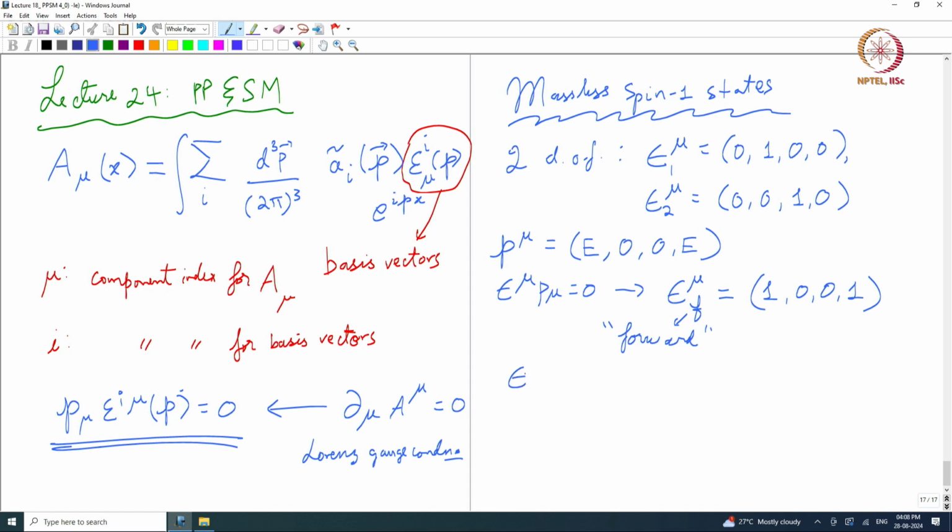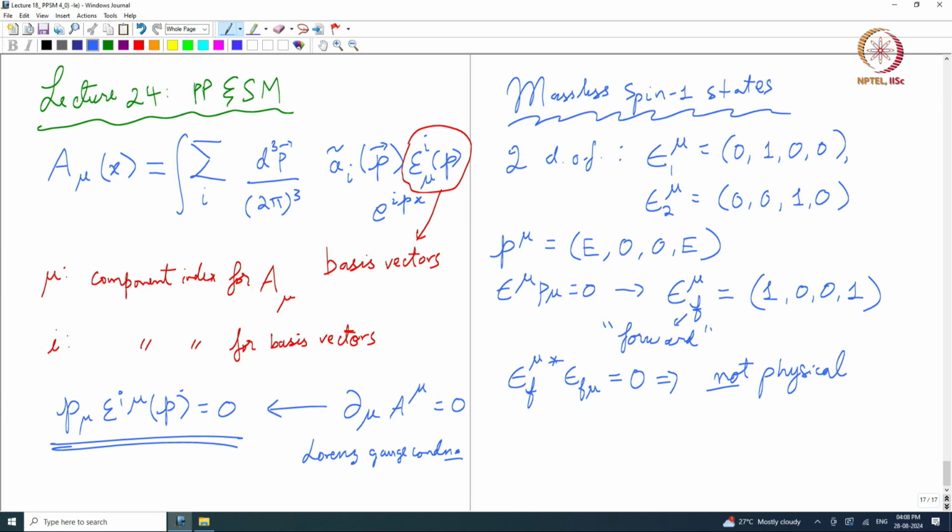What is the normalization condition? You want this to be -1, but is it -1? No, this is manifestly 0, and that tells me that this is not a physical polarization, this is not physical.